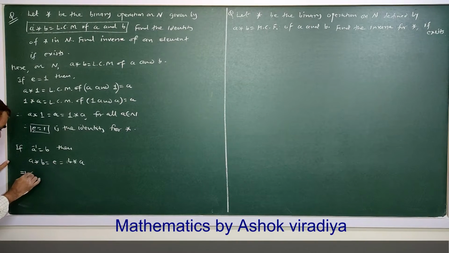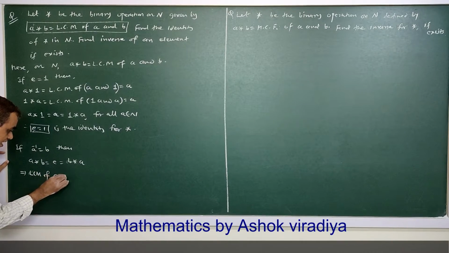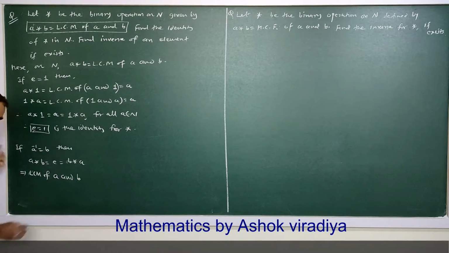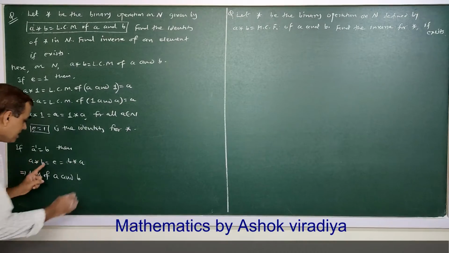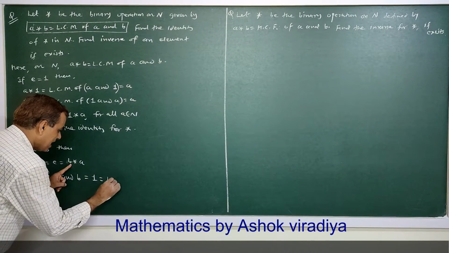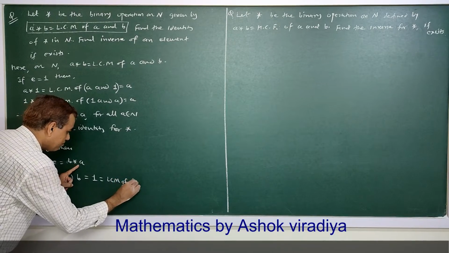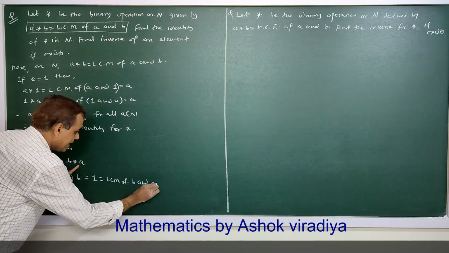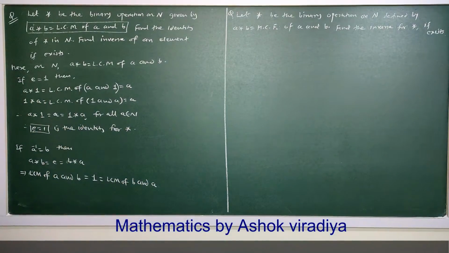That means LCM of A and B equal to 1 equal to LCM of B and A. Now think about this question.